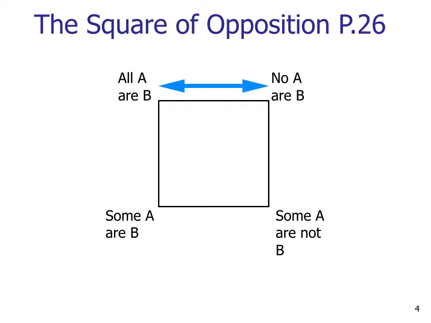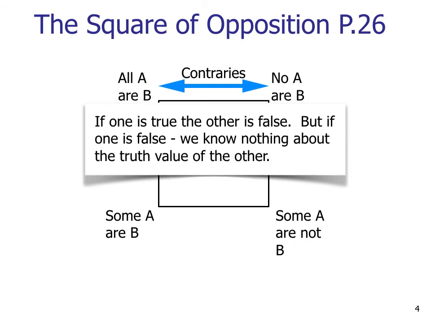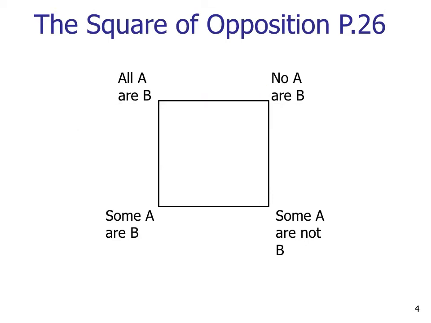So now you try. What is this relationship? Yes, they are contraries. If one is true, the other is false, but if one is false, we know nothing about the other. All right, what is this relationship? They are contradictories.